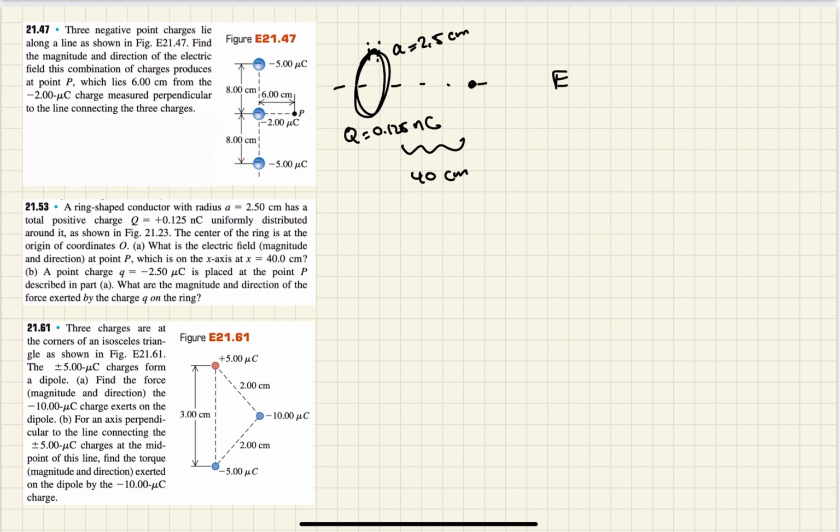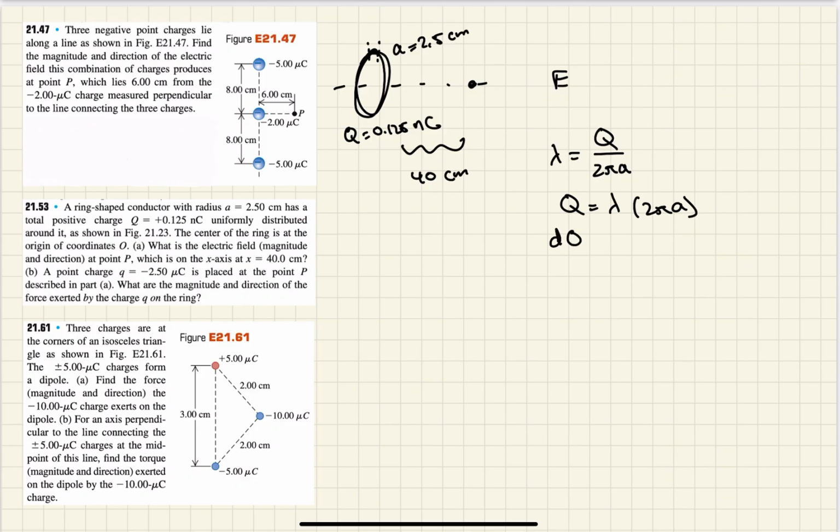And let's calculate the linear charge density of the ring. So that basically is charge over length. In this case, length is circumference. So it's going to be q over 2 pi a. And that's going to help us because now we know that the charge is equal to the charge density times 2 pi a, where 2 pi a is the entire circumference.